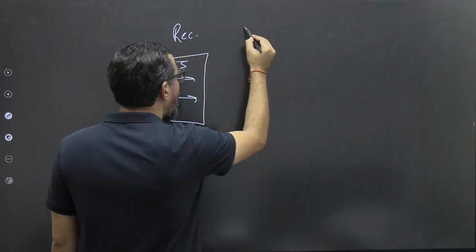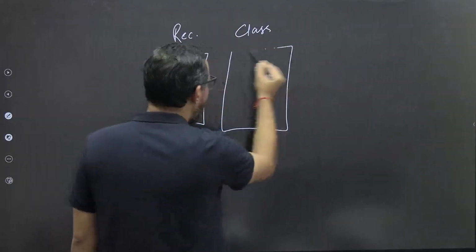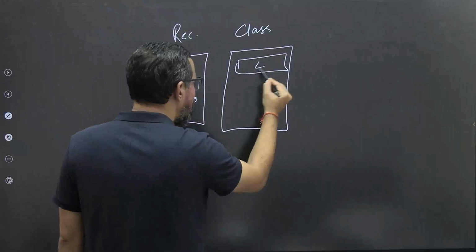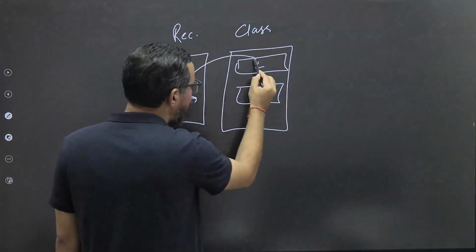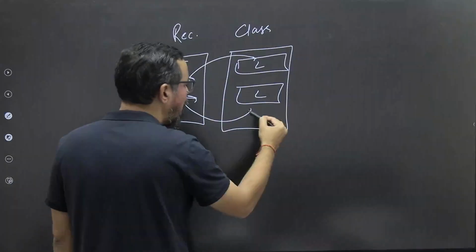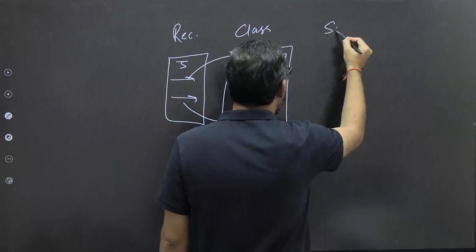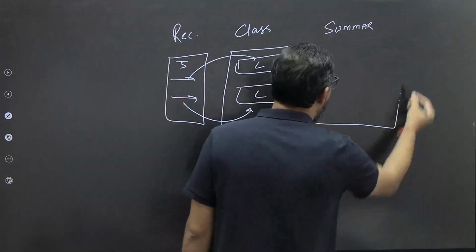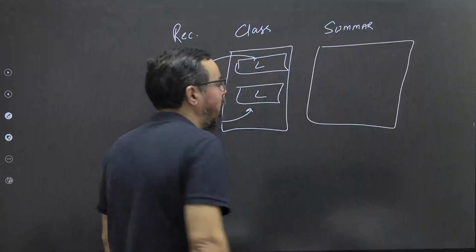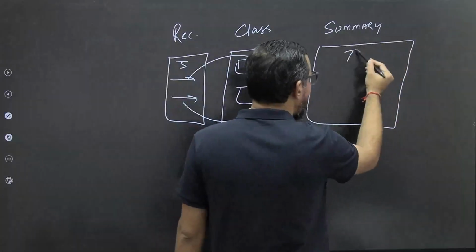Then after recording, we classify different accounts in the form of ledgers, and moving things from journal to ledger is called posting. Then after this, we prepare one account which is a summary, generally known as the trial balance.